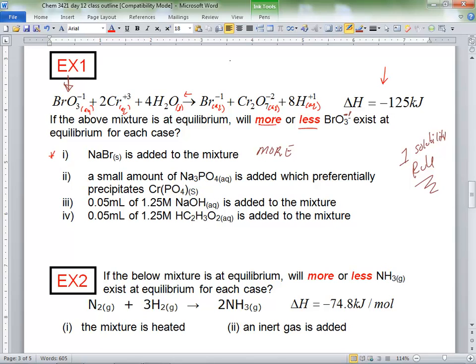And there's no trick questions. Every single one of those is going to influence that equilibrium. There could be trick questions, but this one doesn't have any. Will there be more or less bromate for each one of these?